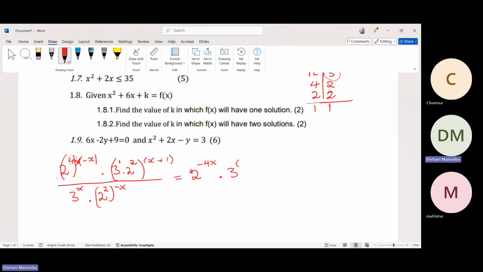So we will have 1 times x, which is how much? 1x, which is x. Mahlatsi, you agree? Yes. Then we will also have 1 times 1.